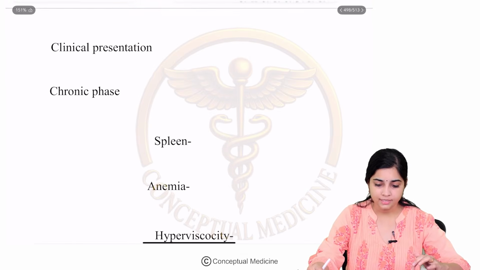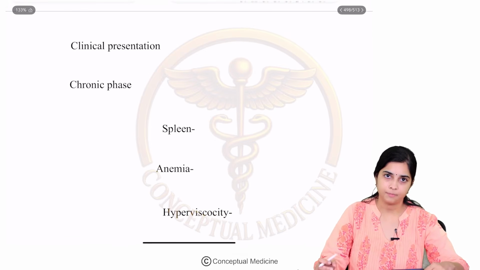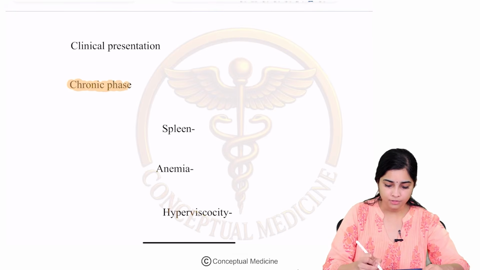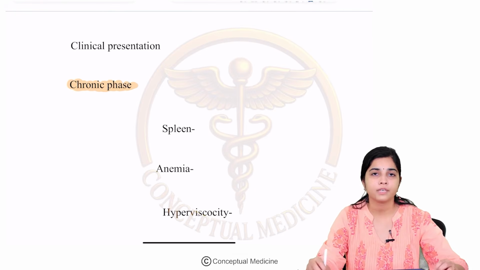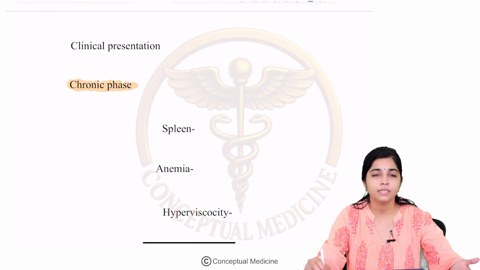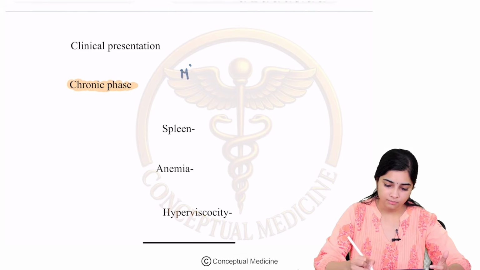So, let us understand the clinical features with which a patient of CML is going to present. The most common clinical presentation is the chronic phase of CML. Usually a patient in the 7th decade comes for a routine CBC and it is found that his total counts are elevated. This is the most common type.